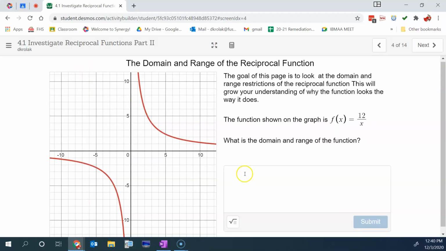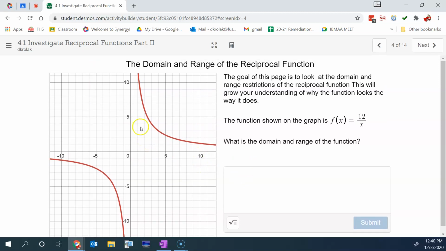Okay, so if we click on here and just look at the nature of the x-coordinates, that's going to give us an idea of what our domain is. I'm just looking at the x-coordinates there, and then doing the same thing over here.